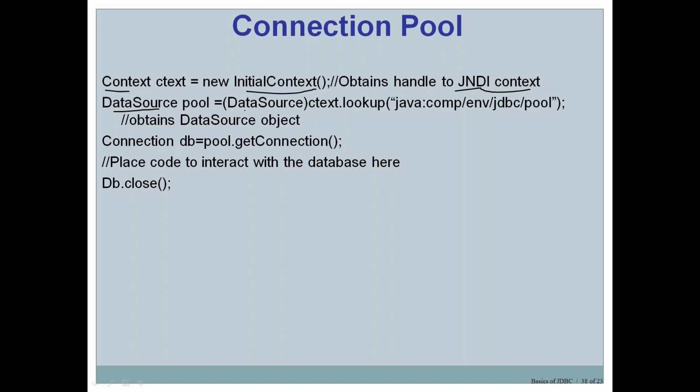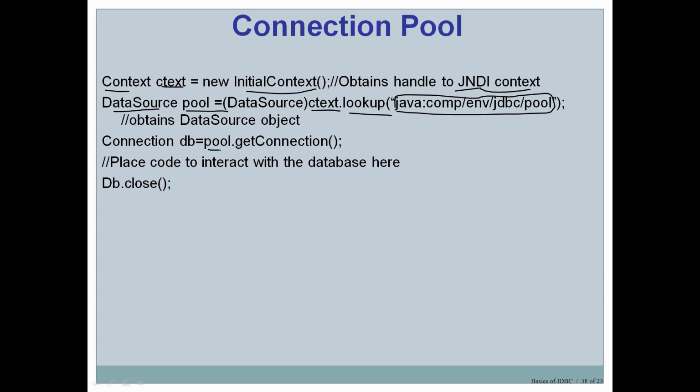That is, DataSource pool equals the context object which we have created here, dot lookup. That means we are searching for something, and what we are searching for, the address has been passed. This address is actually the address of our application server or the connection pool. So we are requesting a connection pool here, and once it is able to find this address, it will return a reference to it, and that will be stored in pool.